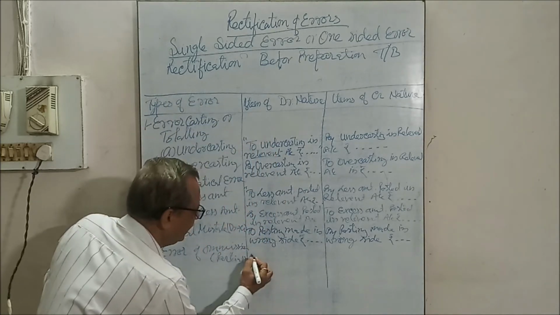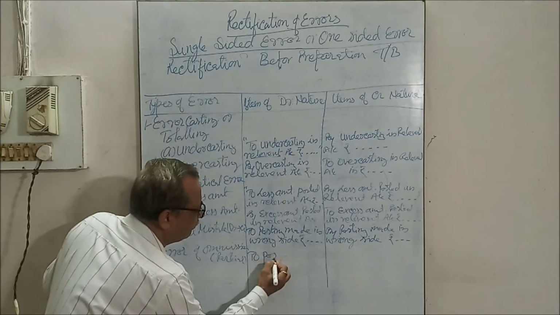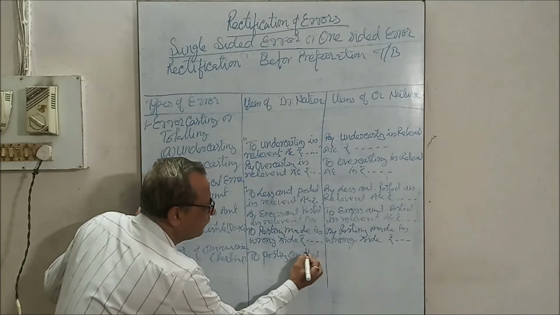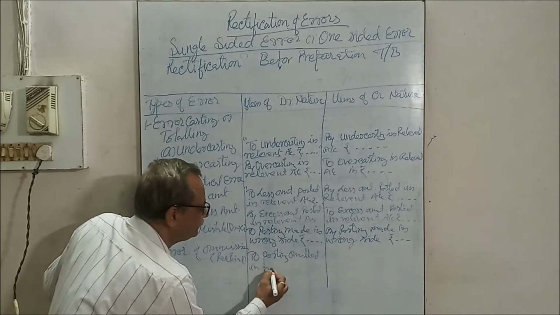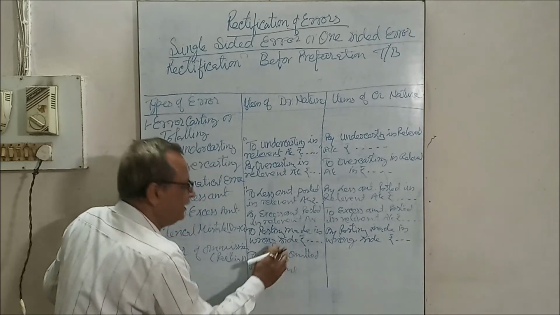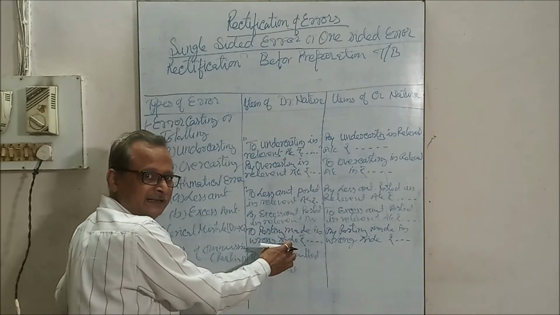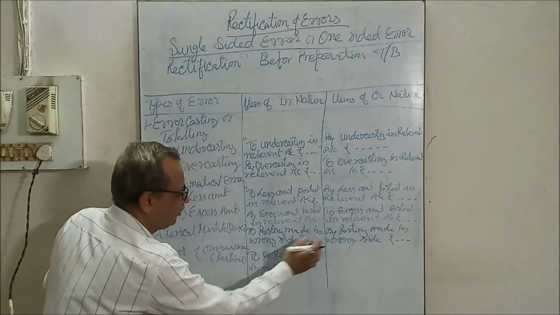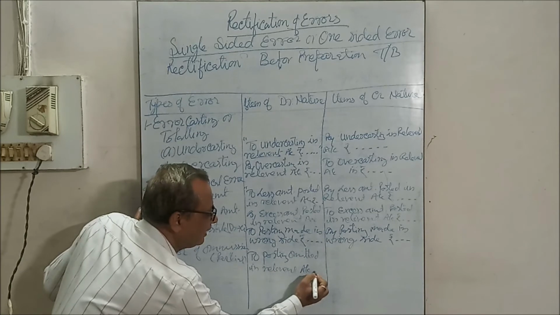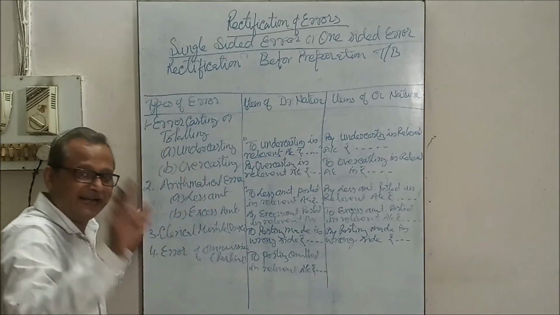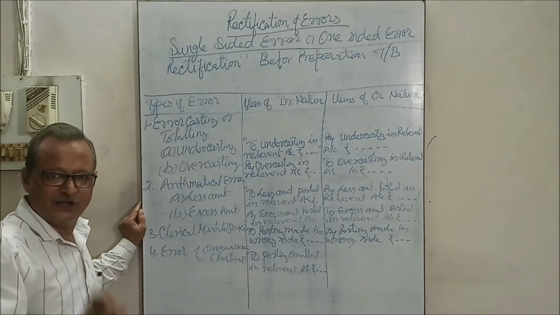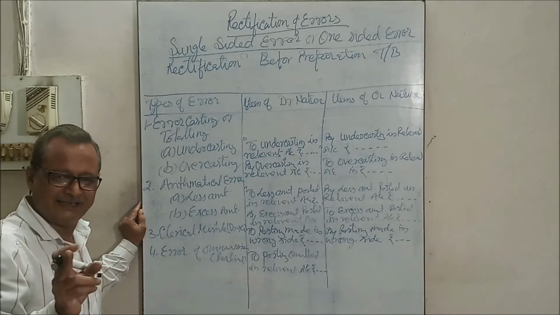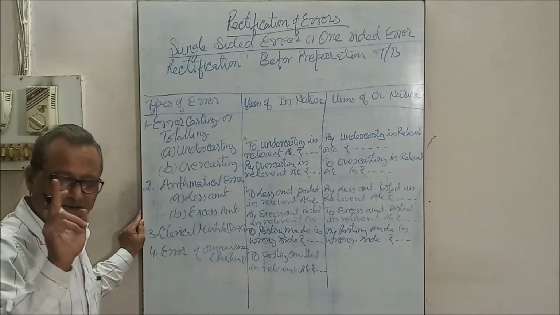In this case, you will write by posting omitted in relevant account. Here you have to also write relevant account, meaning the name of the account. In those earlier cases, I have not written relevant account. So when the word account is written in the errors of posting, it means that it is in the ledger, and if it is done in the ledger, then these errors are single-sided errors.